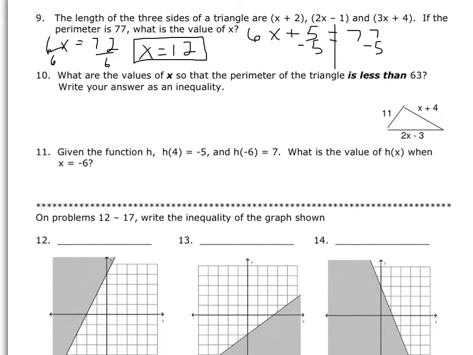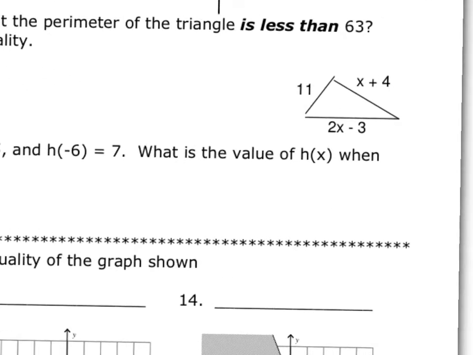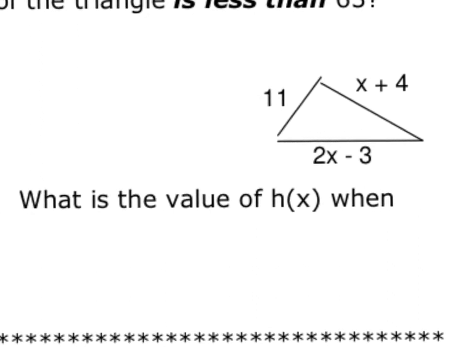So I'm going to make it a little bit bigger, and I'm going to slide it over. And we're going to add the three sides up. So I have 2x plus an x. That's 3 x's. And 4 and 11 is 15. And a negative 3 is going to be minus 12.